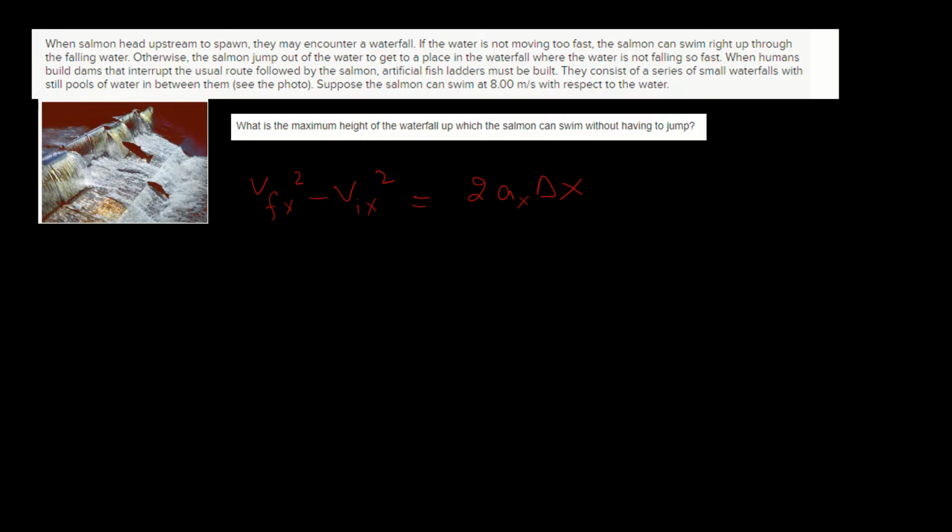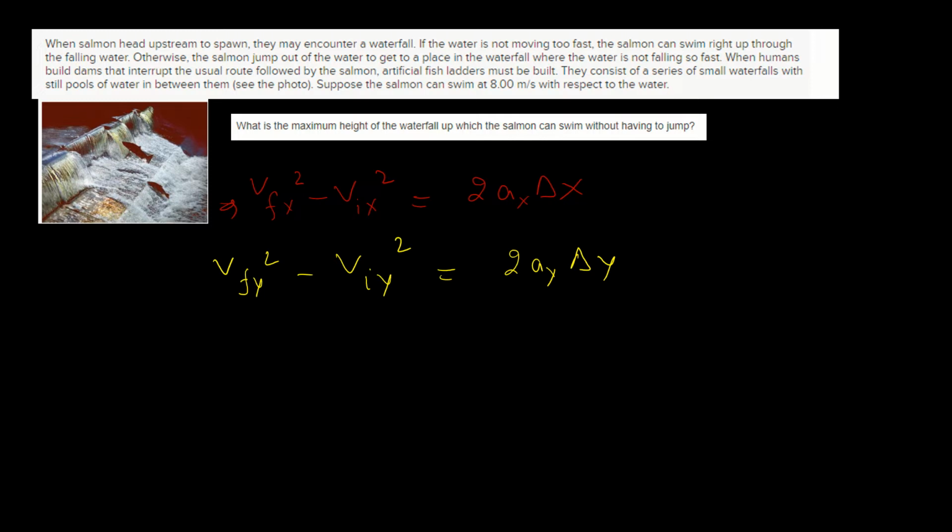If we use the same equation in the y components, then this will be v_fy squared minus v_iy squared equals 2 times a_y times delta y. So the equation is the same, but instead of the x coordinate we are using the y coordinates.